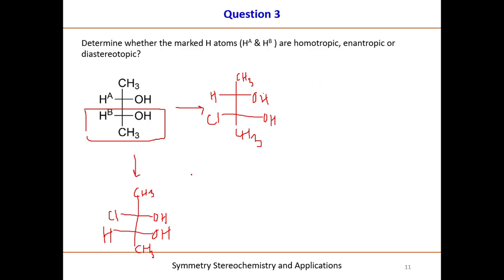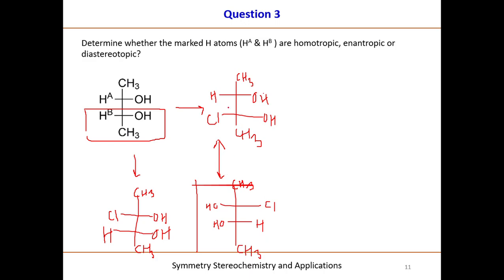So we will see here. I will draw the mirror image of this one, then it will be more clear to you. If we draw the mirror image of this molecule, OH will come this side, Cl will be here, H, CH3. This is the mirror image of this molecule. If we see the molecule, these two molecules are nothing but the same molecule.